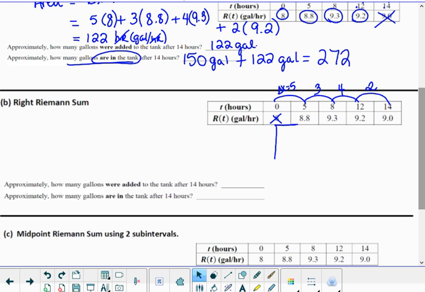Imagine that I drew a rectangle from the span 0 to 5. Remember how we had these plotted out? Here's 0, here's 5. On the left side, I had a dot at 8. On the right side, it says I have a dot at 8, 8. Well, my rectangle is based on the right-hand side. So I'm using 8, 8, not using 8.